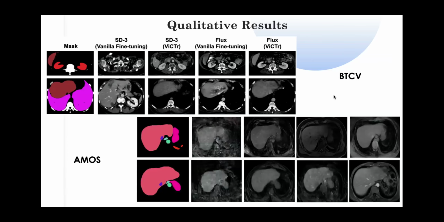These are some qualitative results for the generation. So this is the BTCV generation. For this particular mask, these are the two masks, we use Flux with the vector fine-tuning, and we are able to get a very proper CT image, which can also be generalized on the AMOS dataset, that is on the MRI side of it.